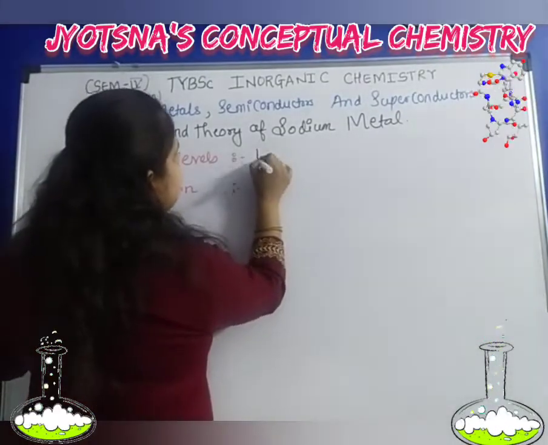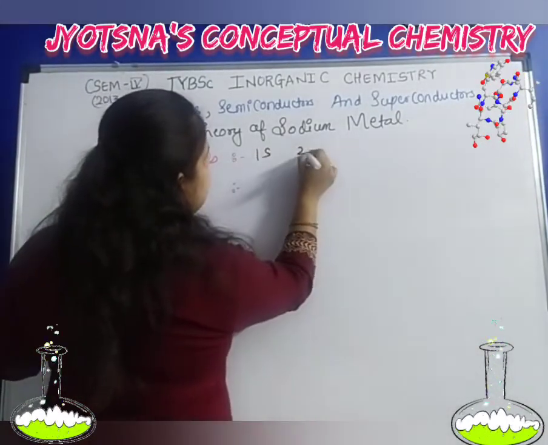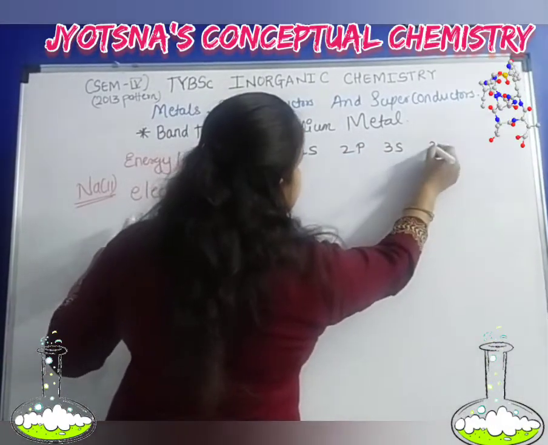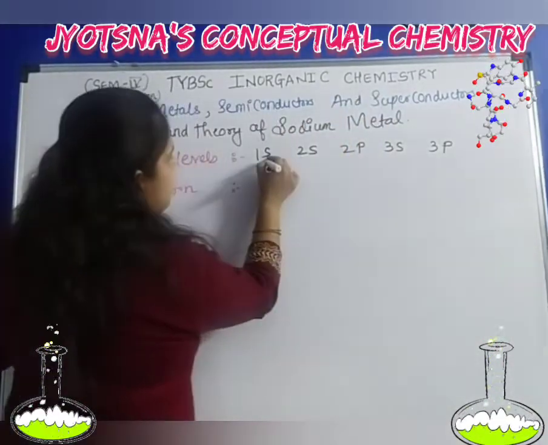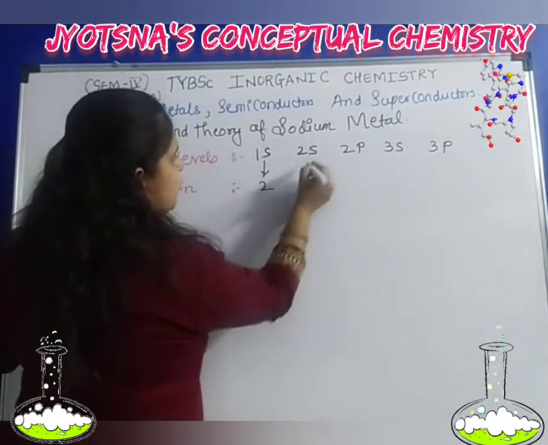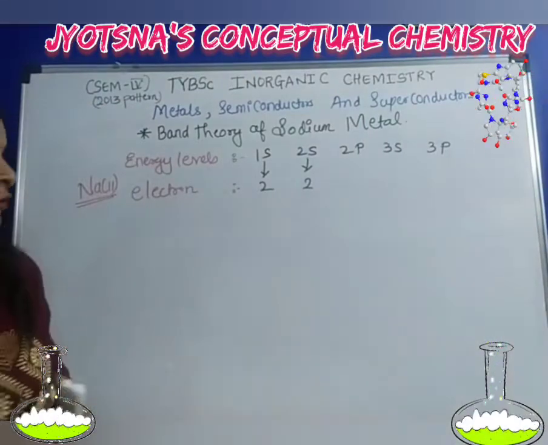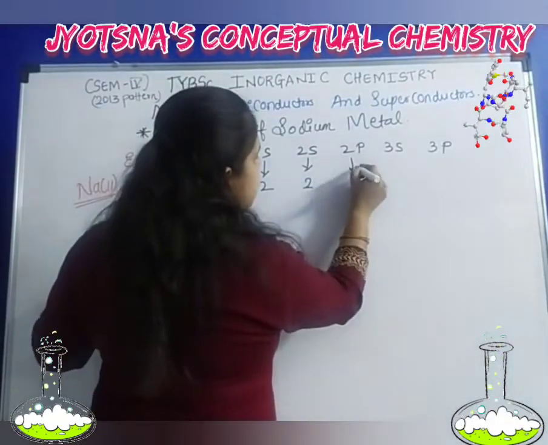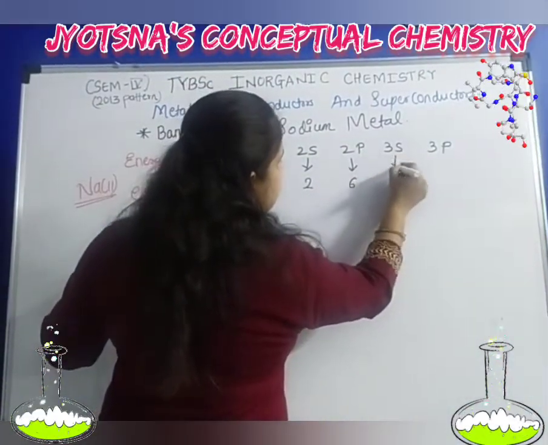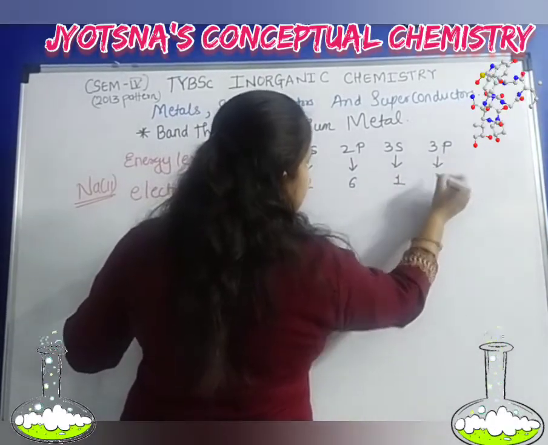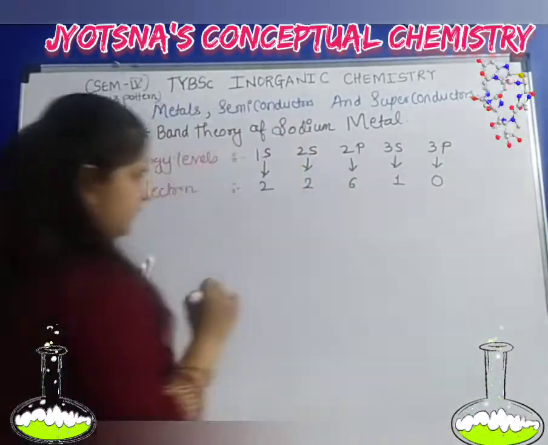It contains 1s, 2s, 2p, 3s, 3p. 1s contains 2 electrons. The 2s orbital also contains 2 electrons. 2p contains 6 electrons. 3s contains 1 electron, and 3p contains 0 electrons.